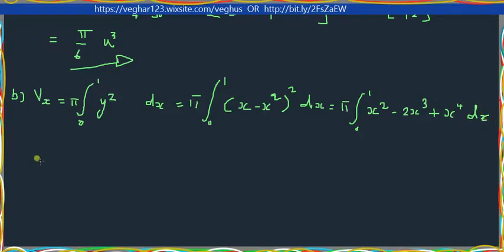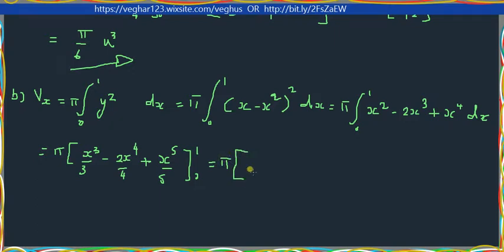Now we're integrating. So integrating, you're going to have x cubed over 3, minus 2x raised to 4 over 4, and then plus x raised to 5 over 5, and then we're going to substitute.